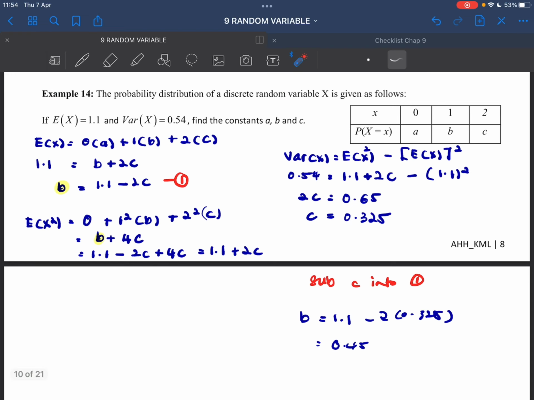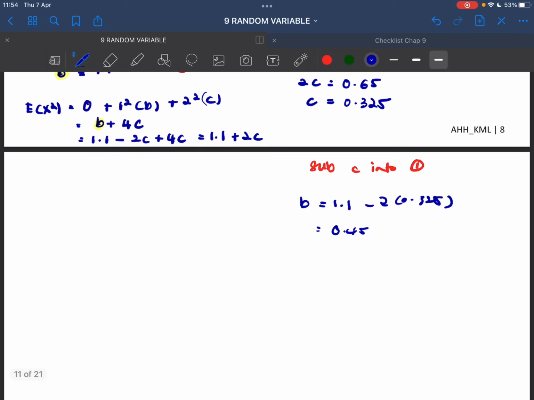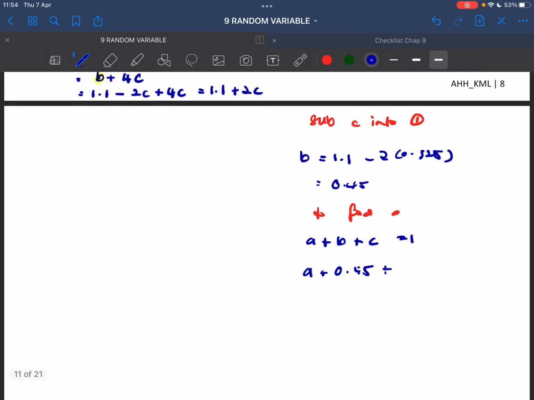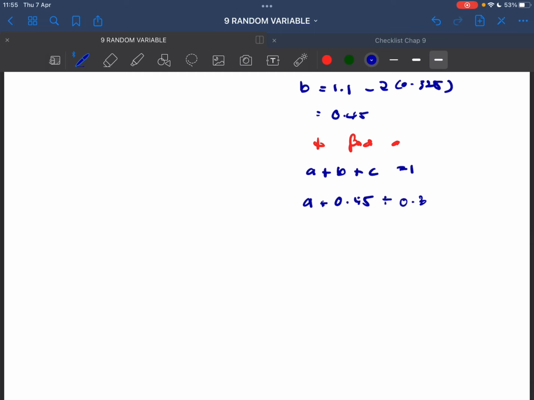Okay, so back to the table, we know that the total probability a plus b plus c is equal to 1. Total probability has to be 1. So just substitute the value that we have for b, 0.45, and for c, 0.325. So a plus 0.45 plus 0.325 equals 1, and you'll have the answer for a equals 0.225.